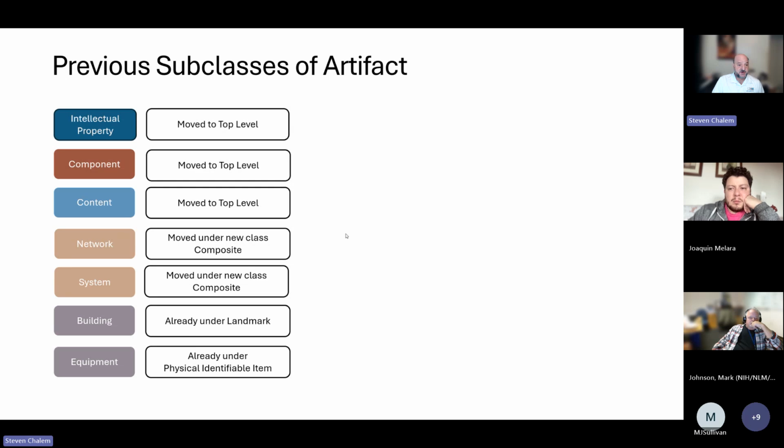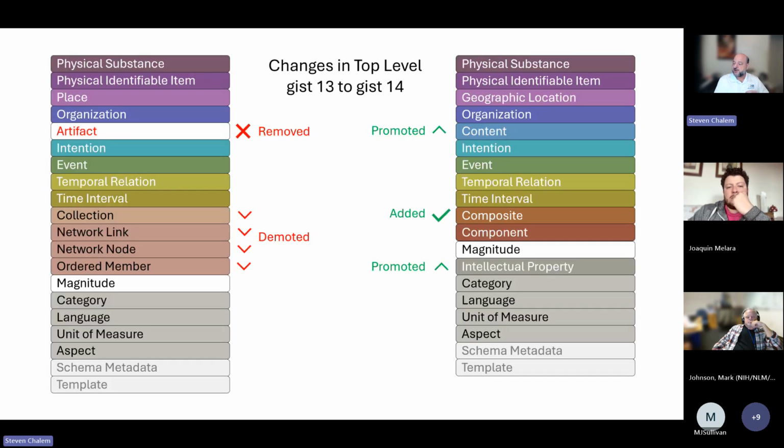I'm just going to keep moving, but feel free to pop your hand up if you have a question. So what this does at the very top level of GIST is, despite removing a very broad top level class in artifact, we're actually ending up with one less class at the top level.